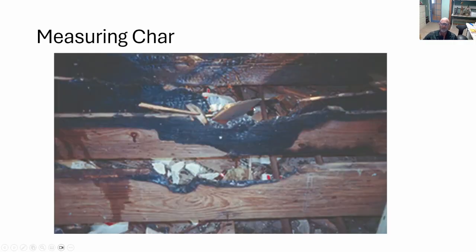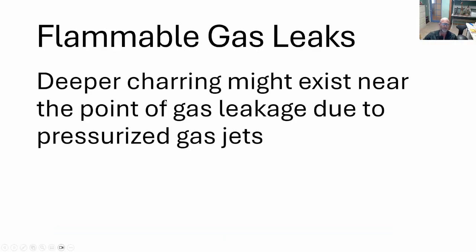The similar principle can be applied to floor fires. You can isolate just based on char creation on your floor joists under the subfloor where the fire could have been, and you trace back through depth of char to identify where the fire actually happened.